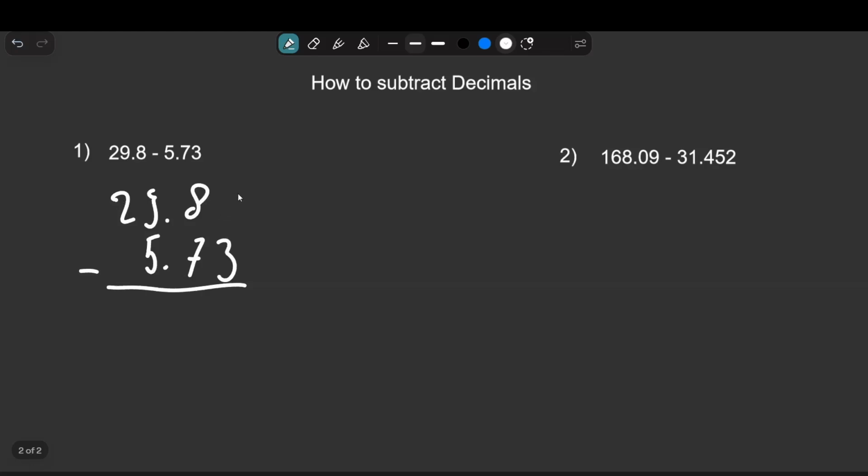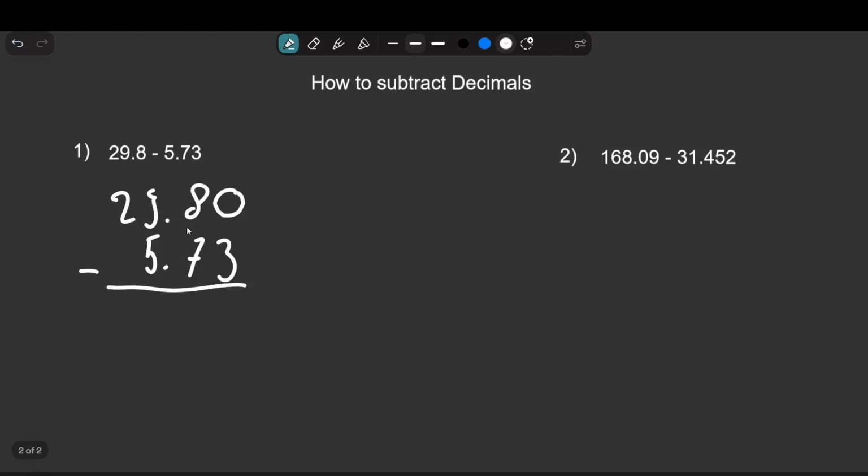But we can just put a placeholder 0 here to make it easier, and we can use this 0 to our advantage. So always line up the decimals like this. These decimals have to be lined up for the whole problem.